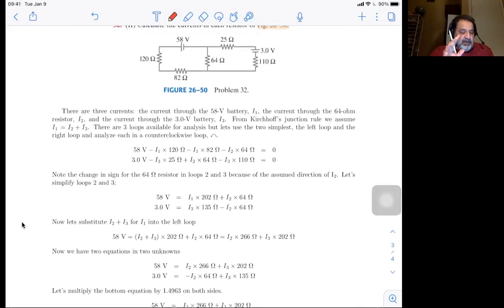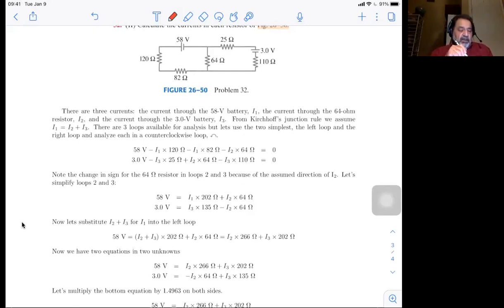Note the change in sign for the 64 ohm resistor in loops 2 and 3 because of the assumed direction of I2. Now let's simplify. 58 volts equals I1 times 202 ohms, those were negative on the other side, but we've taken them to the right hand side, and I2 was negative, so it becomes positive also, I2 times 64 ohms.